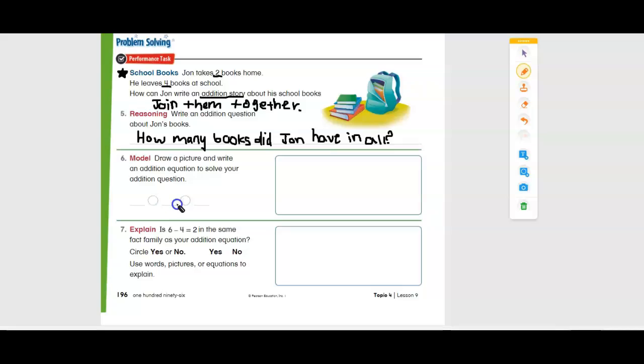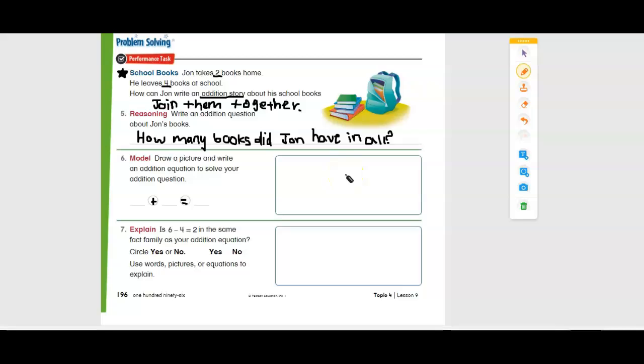So we know we are adding, so you need to write your symbols in the circles. So if we are adding, and we know our equal sign will go at the end, so we're going to write equal. So write our addition equation for this story problem in the blank. If John has 2 books at home and 4 books at school, we want to know how many books does he have total. And you can show your work in the box over here.